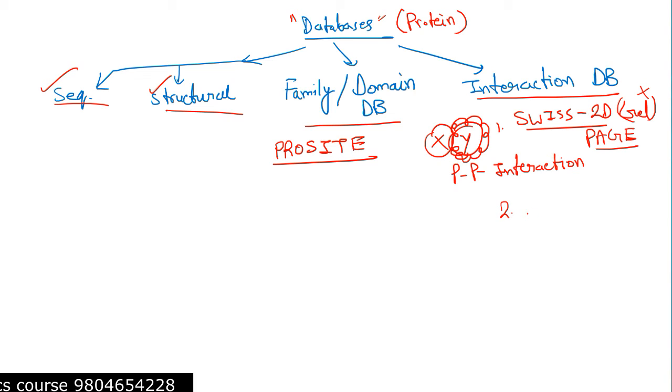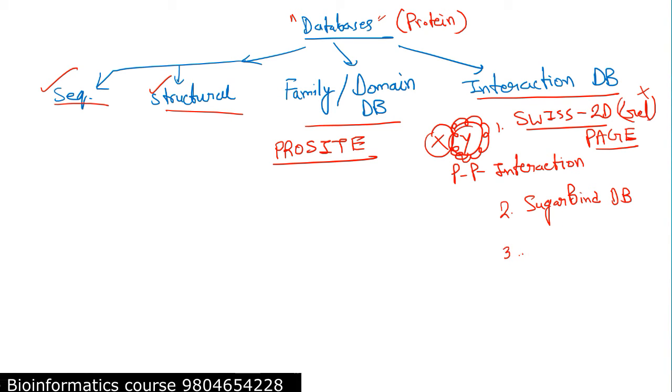The other example of an interaction database is SugarBindDB. SugarBind, B is capital, SugarBind database. And the third one, SwissVar. So what is SugarBind?